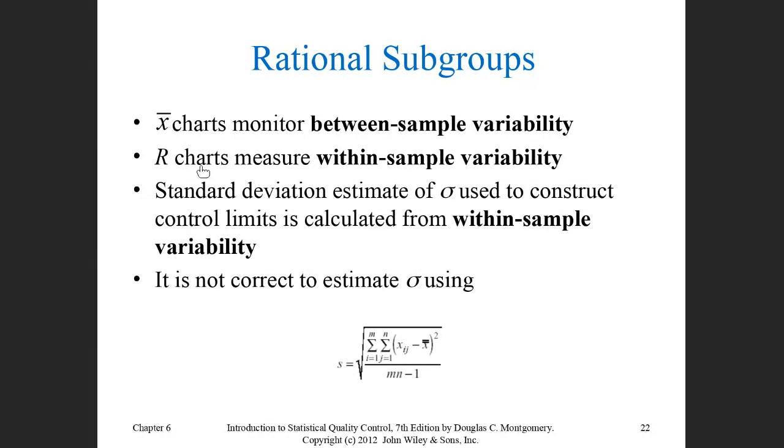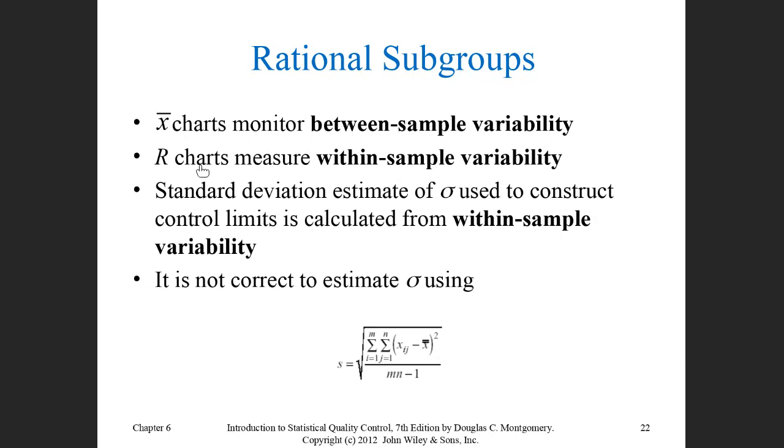The X bar control chart monitors the variability between the samples. If we have a sample size of, let's say, 5, X bar represents the average of all those 5 readings, whereas the R chart measures the variability within the sample. And that is the reason for how we calculate the R.